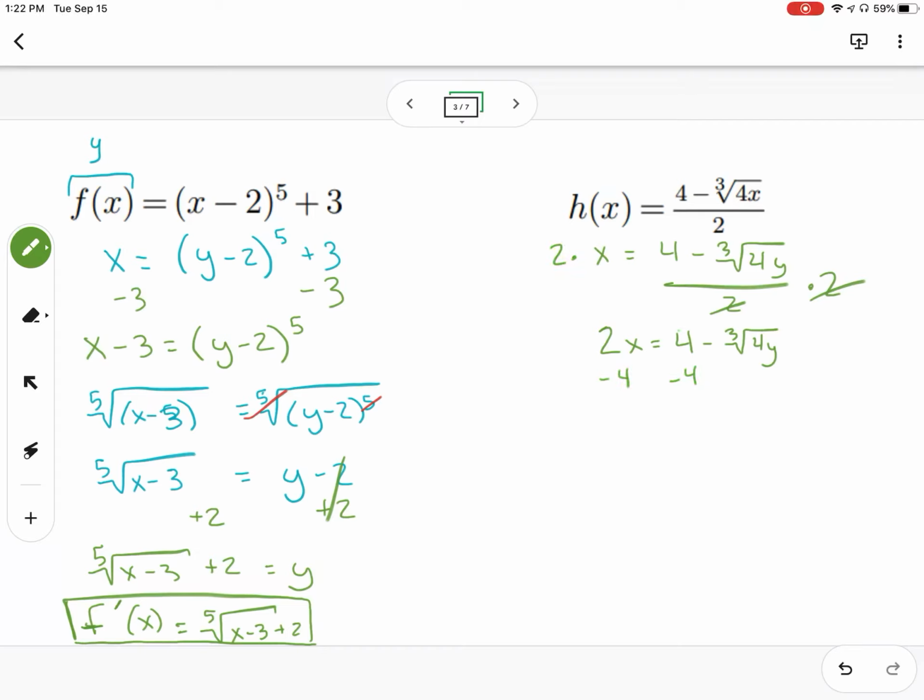Now I'm going to subtract the 4 from both sides: 2x minus 4 equals the negative cubed root of 4y. I'm going to move that negative first, so divide by negative 1: negative 2x plus 4 equals the cubed root of 4y.